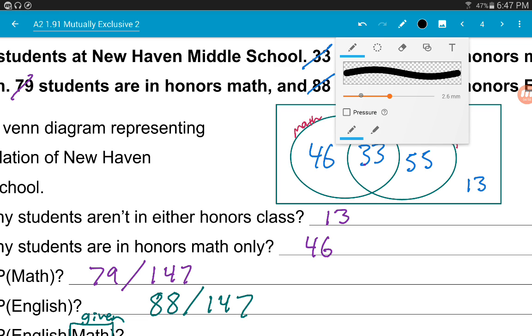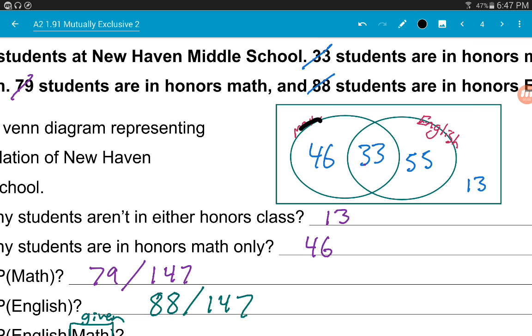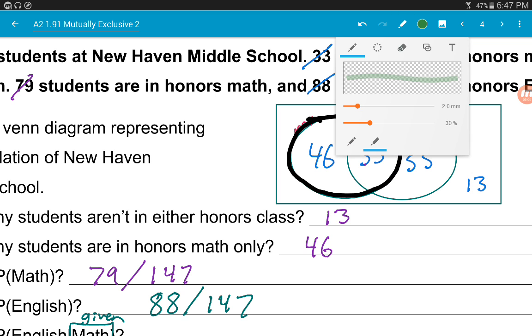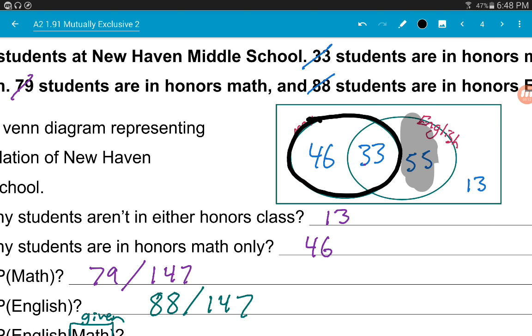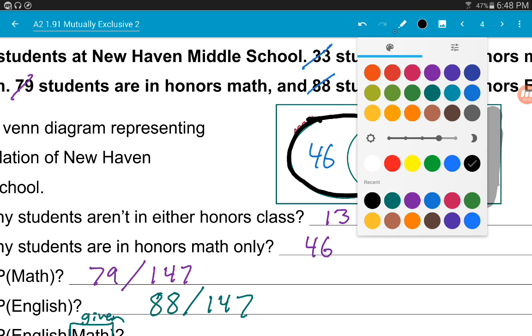So what we're doing is we're essentially locking ourselves into this bubble right here. I don't care about anything that's going on the outside of this bubble because that is not my concern. I was given that this person is in math, so I don't care about any of this junk. So how many students total are inside that circle, the given math circle? There's 79.